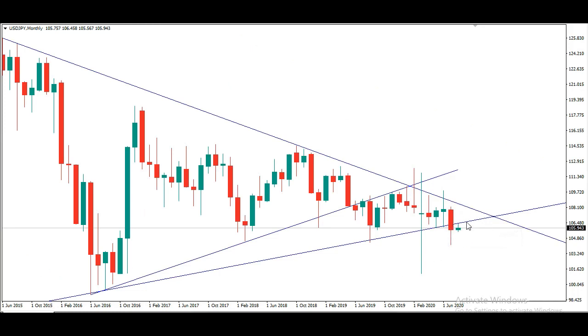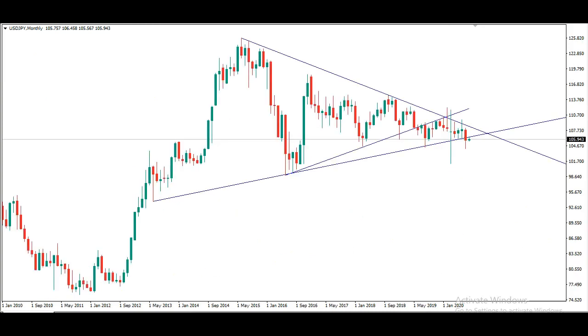So with this, I would expect to see the price of USDJPY drop further within this month and probably the next month, or even the next couple of months to come, into probably these lows right here. But that's on a long term basis. For now, we have a break of support, and I expect to see continuation lower, since we already have the area being retested as resistance.